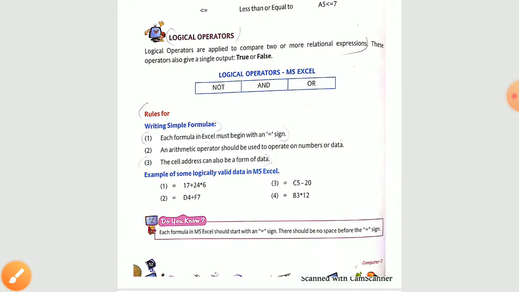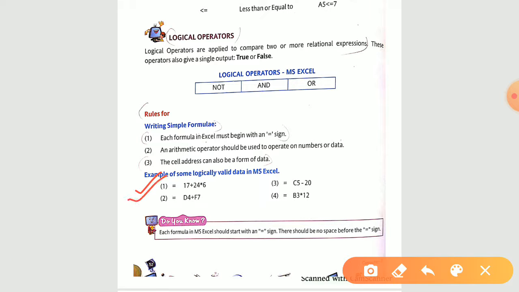Okay, so we are having only three simple rules. You have to learn them by heart. They are very important. Okay, now you see examples we are having of some valid formulas, right? So first one you see, equal to 17 plus 24 into 6. It is completely valid.